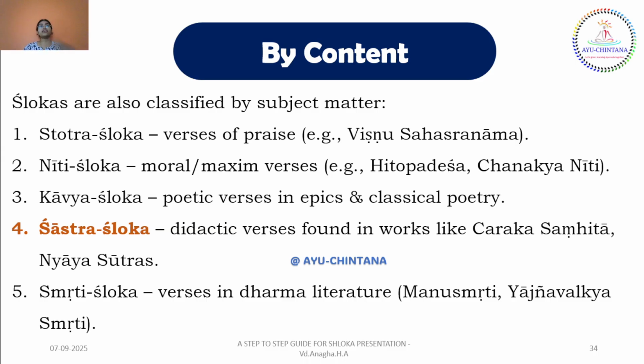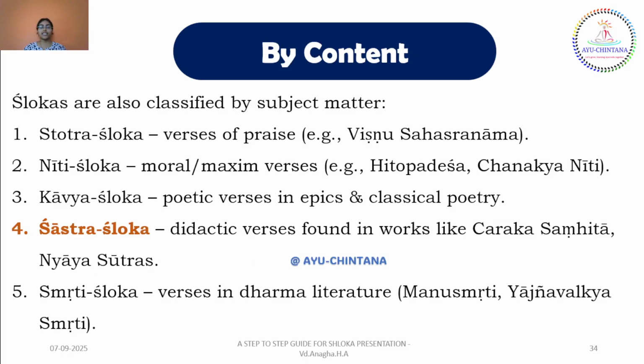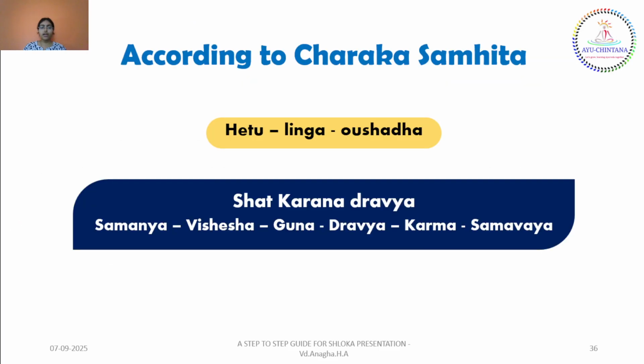So how do you think Samhitas composed the shloka? Yes, of course, they followed meter, they also followed content, but also there is a particular fashion in which Ayurveda science needs it, right? So Charaka Samhita was composed in the way of Hetu, Linga and Aushadha. That is, the Trisutra way has been followed.